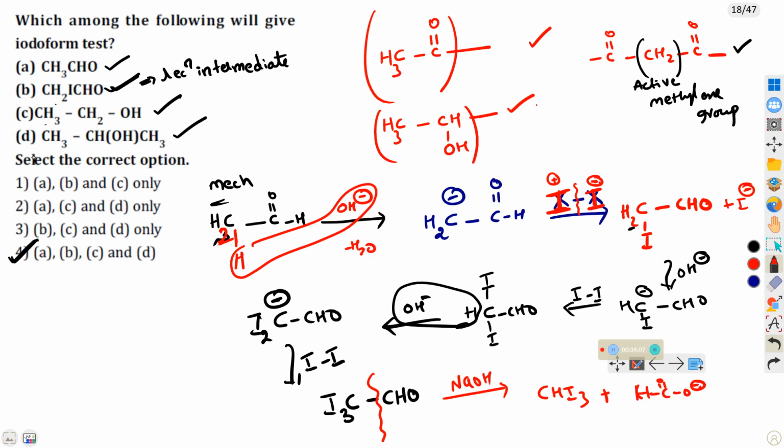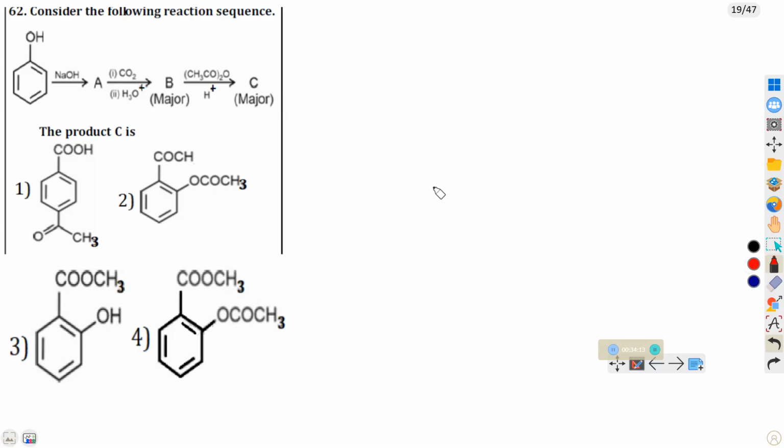Okay, anyway, all four give the haloform test. A reacts with NaOH, then it is C6H5ONa. C6H5ONa reacts with CO2 and H3O plus.